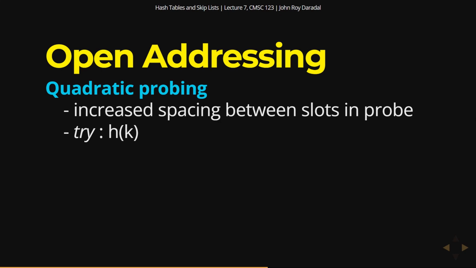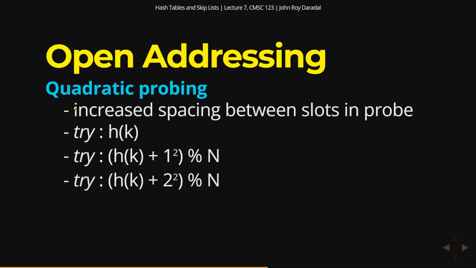You try at the index of the hash value, but if that fails, then instead of going to the next one, you try at hk, this is the hash value, plus 1 squared and then modulo n, because it might exceed the range of the array. And then if that is still not available, then you go to hk plus 2 squared modulo n, and then if that's still not available, 3 squared modulo n, and so on.